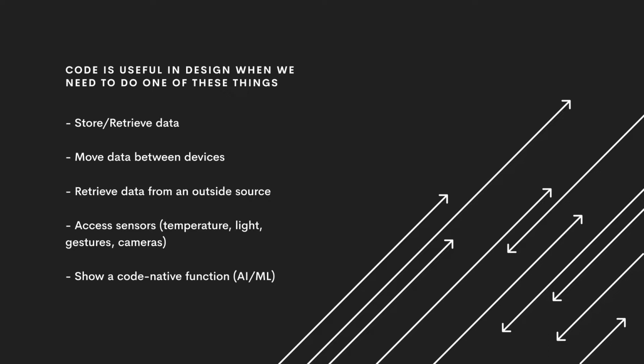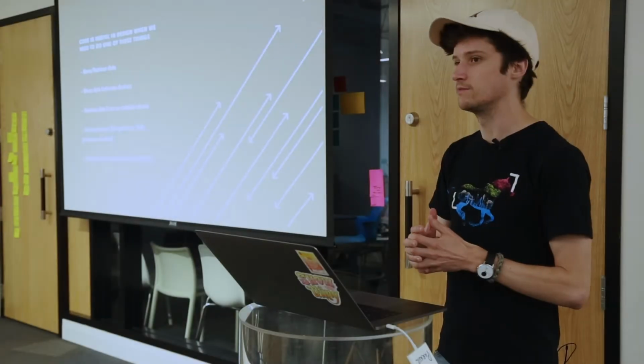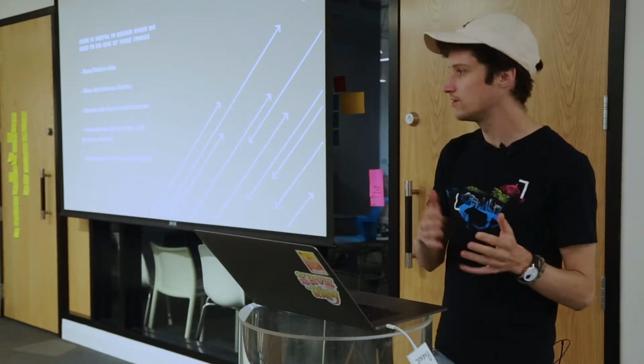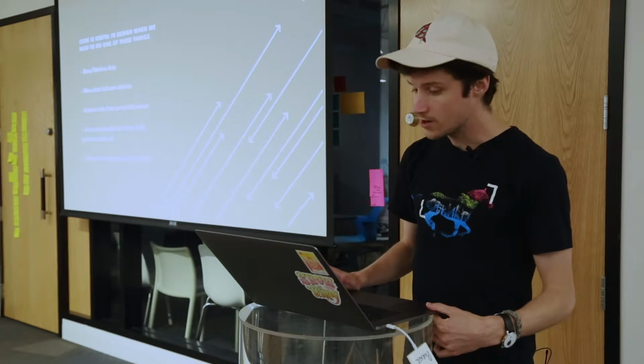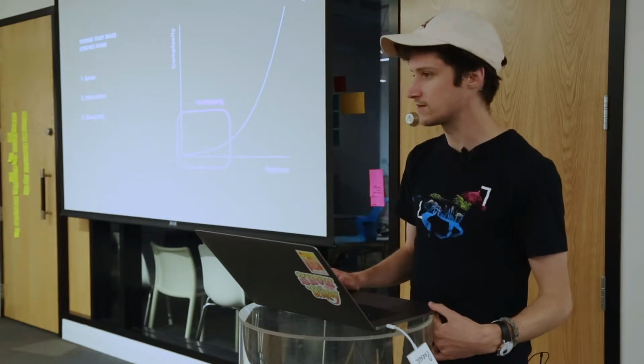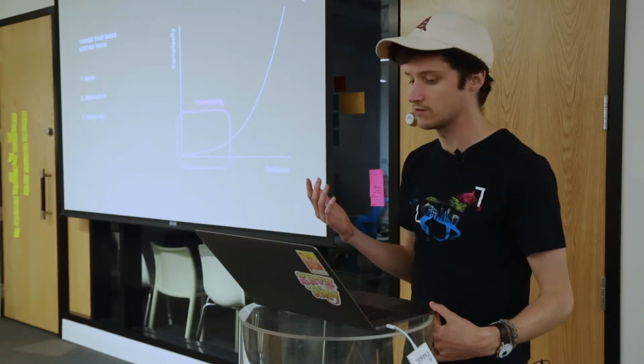And also when you want to do something that is code native. A lot of that we generally put under AI or machine learning. If you want to use some feature that happens in code, then you're obviously going to need to use code to prototype. So that's what we're going to talk about today: some tools that you can use to actually do that.